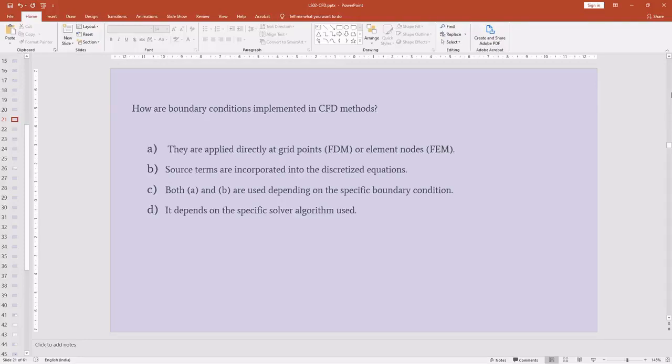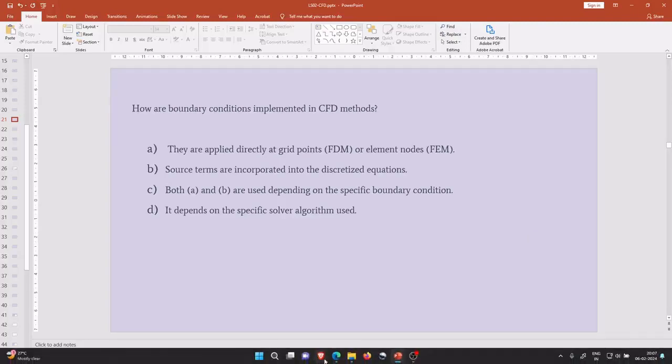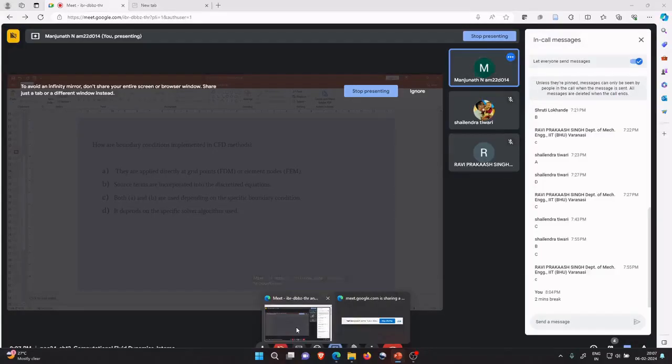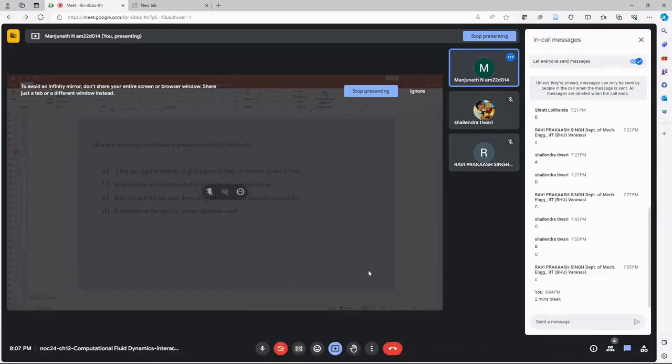C, both A and B depending on specific boundary conditions. D, it depends on the specific solver algorithm used. So please give your answers. I think in the course we have seen some boundary conditions in the first week and second week. So how are we giving boundary conditions? We are applying boundary conditions in a CFD method.